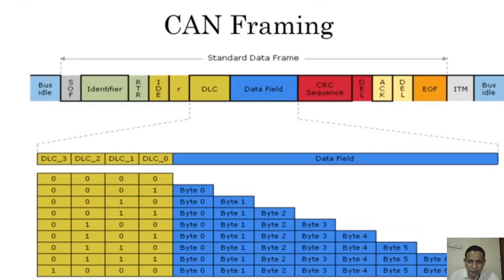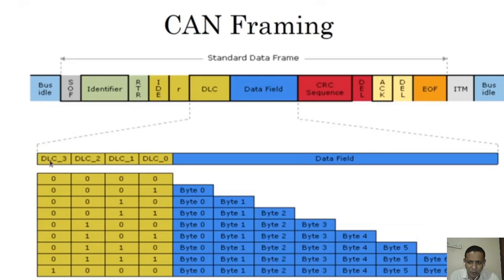Again, there are other fields in the standard frame. One is the ID bit that we know is used to check whether it is a standard frame or an extended frame. Then the DLC, data length code, then the data field.